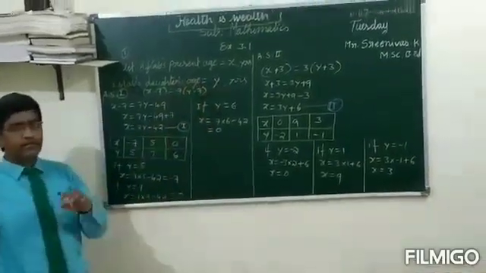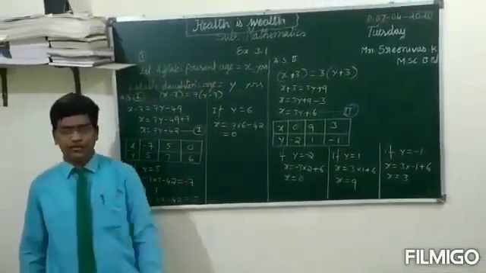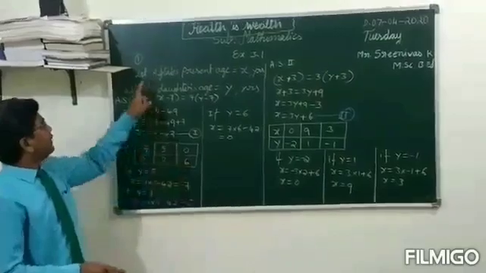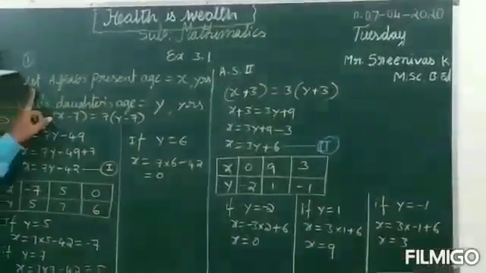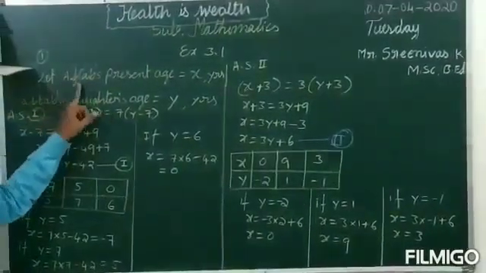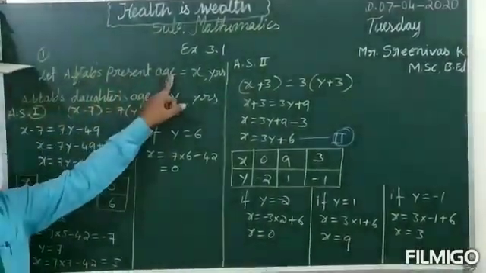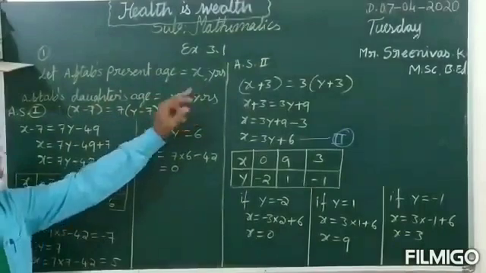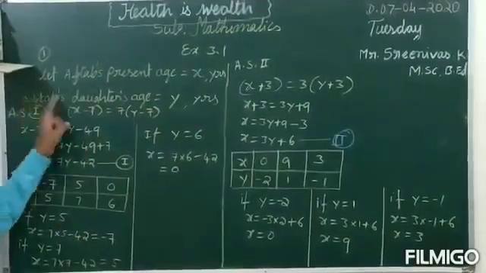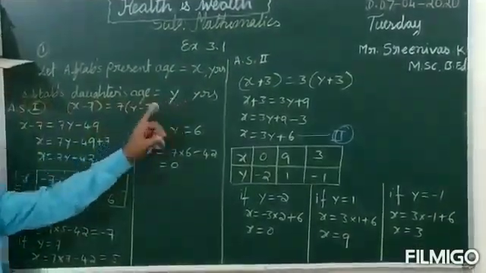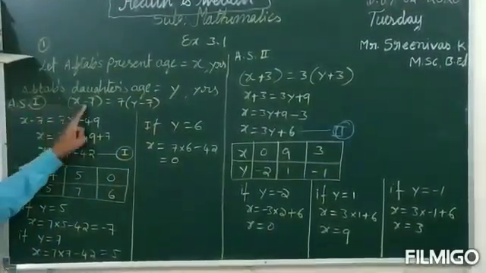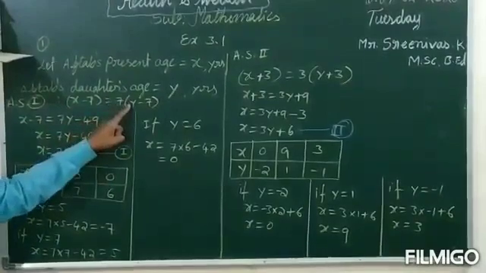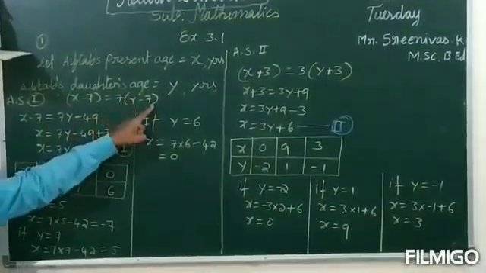Here you see according to the question it is divided into 2 parts. The first part, I mean according to statement number 1. Let Aftab's present age equal x years. His daughter's age equal y years. And here according to statement 1, x minus 7 equal to 7 times y minus 7.